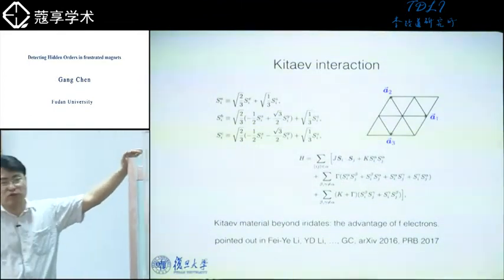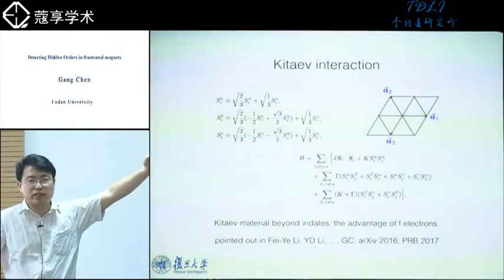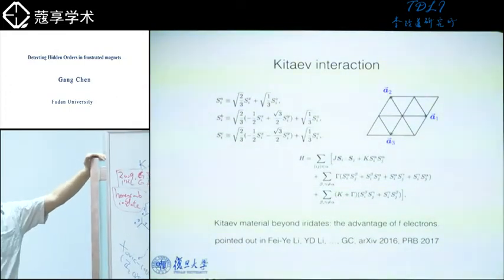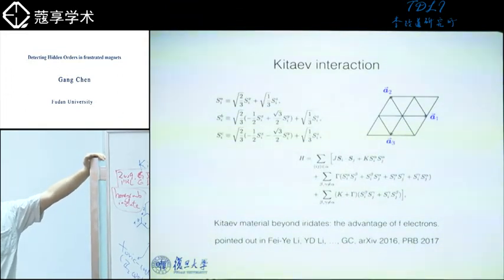As I said, for any threefold rotational symmetry on a two-dimensional or three-dimensional lattice, for a spin-orbit entangled, spin-orbit coupled Mott insulator, remember this sentence: for any spin-orbit coupled Mott insulator, if there is threefold rotational symmetry, then there must be a K-type interaction there. This is the sentence we wrote in our paper.